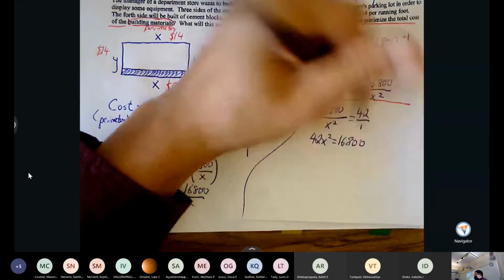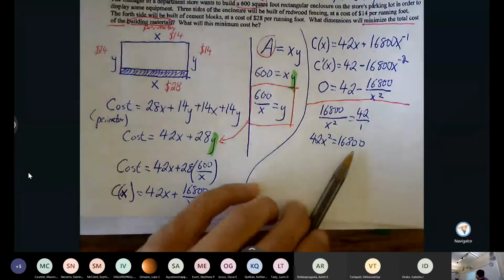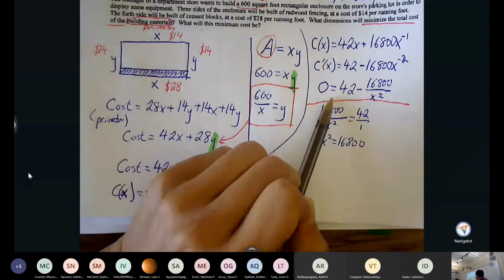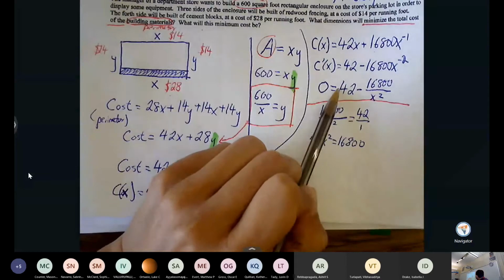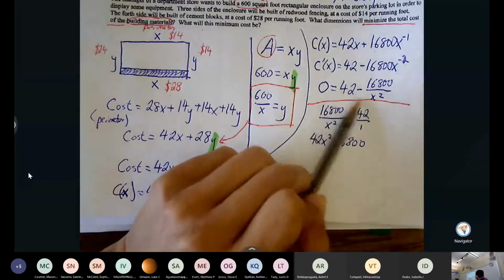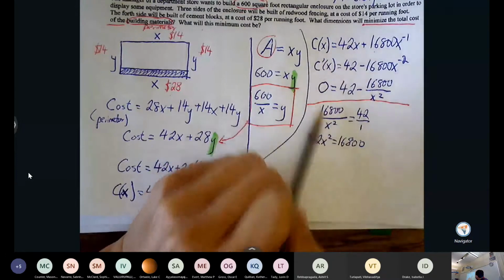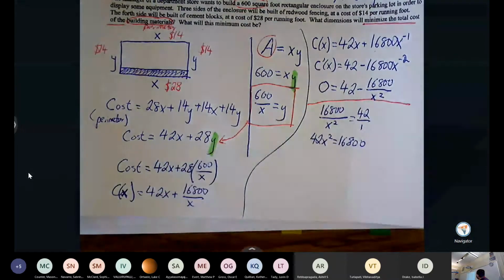Yes. Why do we cross multiply there? It looks like 0 is equal to 42 minus that. And then how does it change if we cross multiply? Right. I just want to separate these two terms. So I'm adding the 16,800 over to this side. I see it now. Yeah.